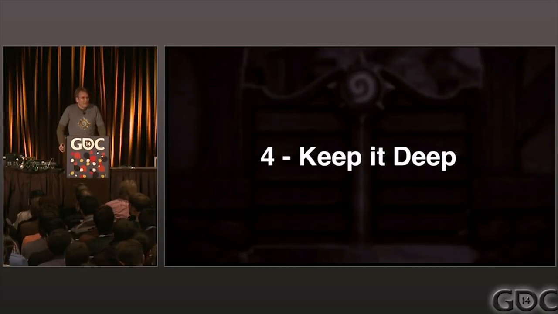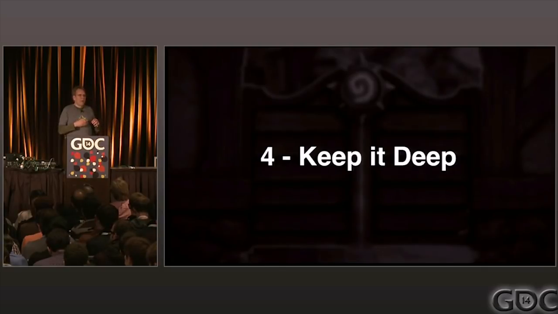So the next big point is a super obvious one, keep it deep. And it's of course at odds with the simplify idea. But really what it meant was that whenever we were simplifying the game, we were focusing on removing complexity rather than removing depth.